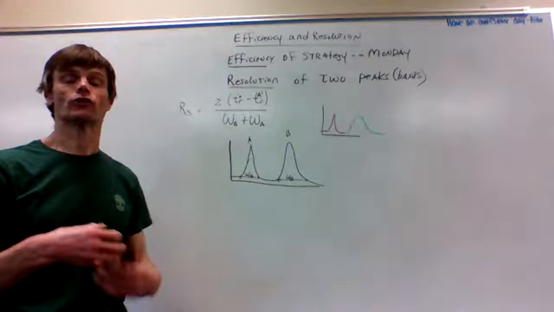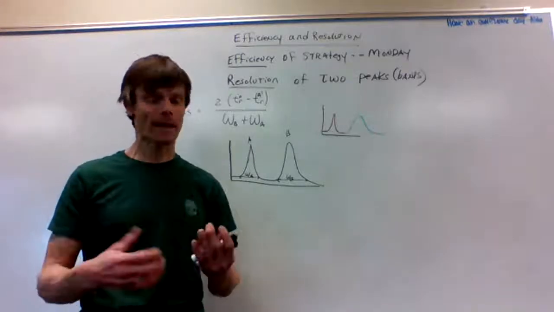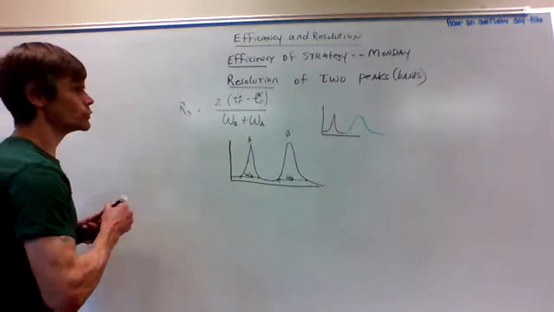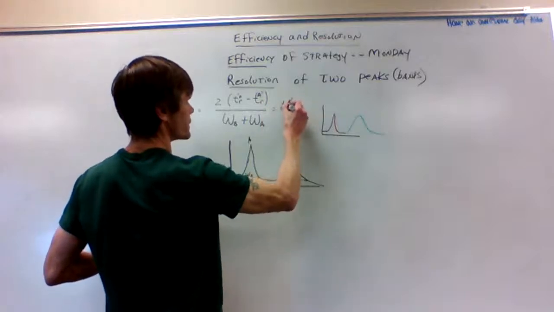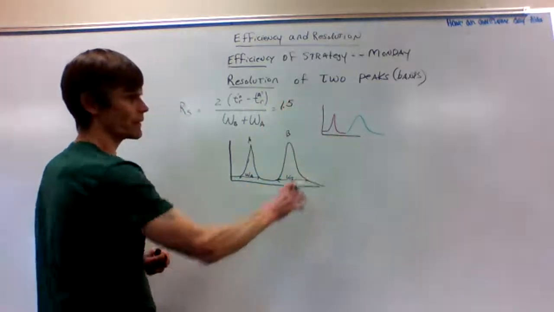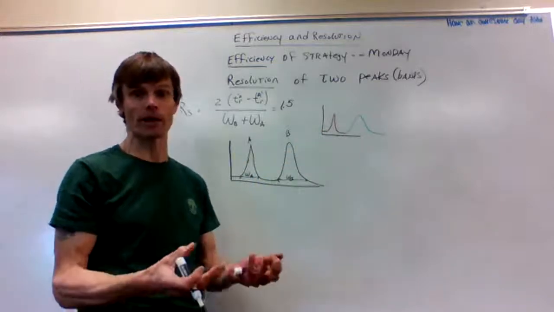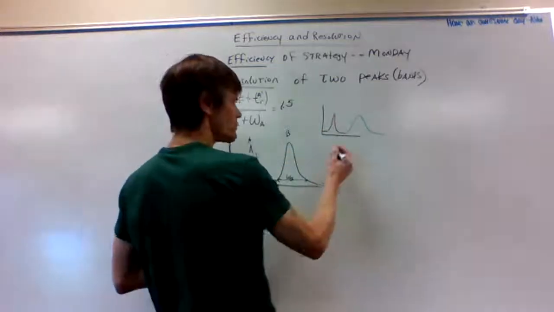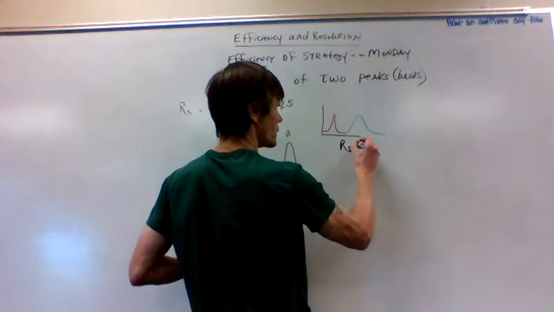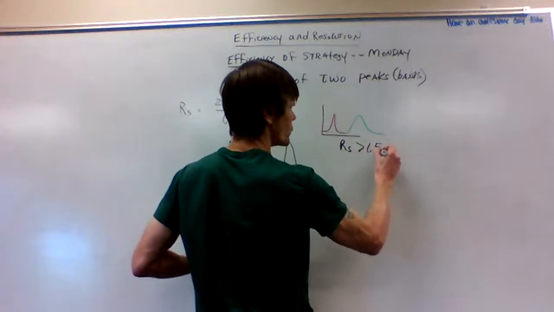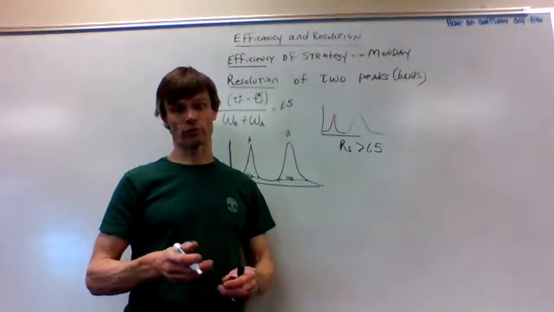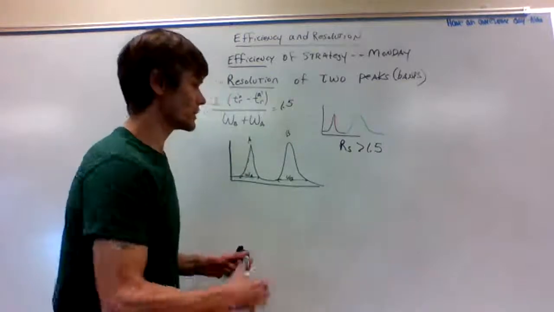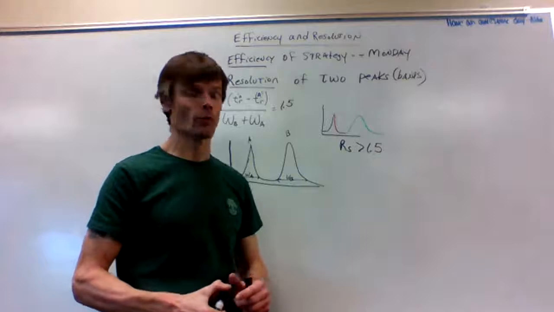The number that we strive for in many cases is a resolution of 1.5 or greater. So for this example that I have drawn at the end of this experiment, this is probably a resolution greater than 1.5. And that's what we call baseline resolution, when we get two peaks that are well resolved.